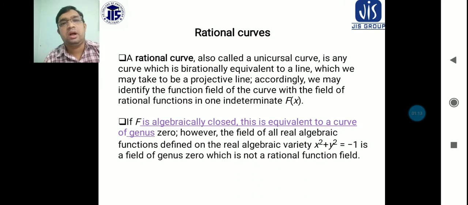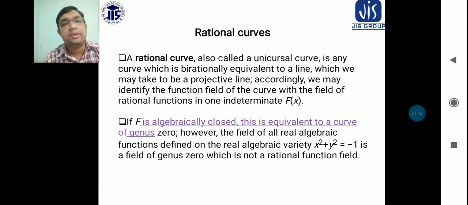A rational curve, also called a unicursal curve, is any curve which is birationally equivalent to a line, which we may take to be the projective line. Accordingly, we may identify the function field of the curve with the field of rational functions in one indeterminate, that is F(x).